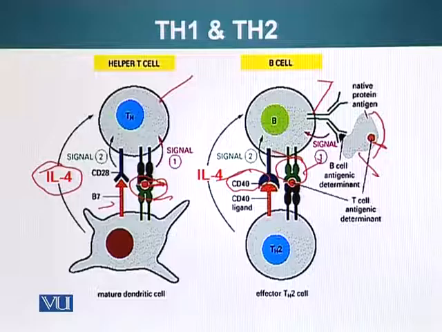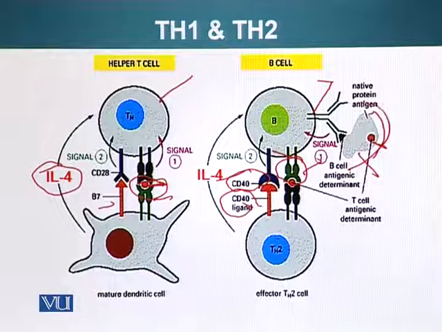When helper T cells become mature, they start making CD40 ligand. So now this B cell is going to get two signals. The first signal comes when the B cell engulfs, or phagocytoses, the pathogen, Salmonella in this case. That's the first signal. The second signal is coming from CD40 and CD40 ligand.